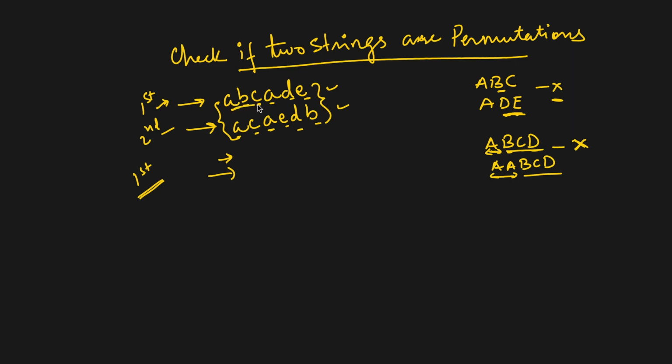If we sort the first string, it would be a b c d e, and the second string would also be a b c d e. Now we have sorted these two strings, and we can compare if they are equal. So this is one approach.